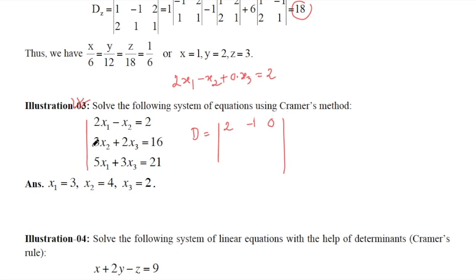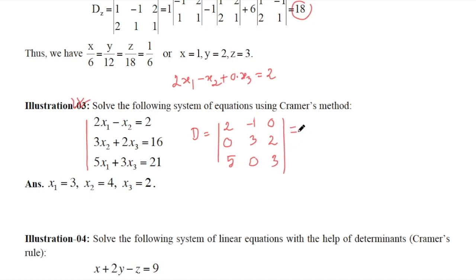And similarly in the second equation x1 is absent, so the coefficient of x1 will be 0, the coefficient of x2 is 3, and the coefficient of x3 is 2. In the third equation x2 is absent, therefore the coefficient of x2 will be 0, the coefficient of x1 is 5 and the coefficient of x3 is 3.